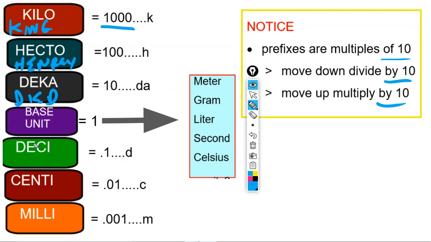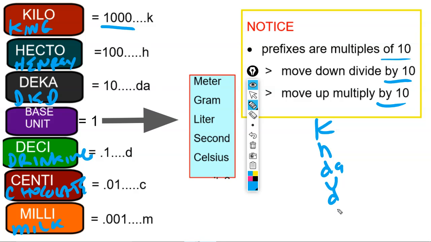Unexpectedly drinking chocolate milk. So if you can remember that King Henry died, deca, unexpectedly drinking chocolate milk, then you know them in numerical order, and then you can remember that it starts with 1,000.